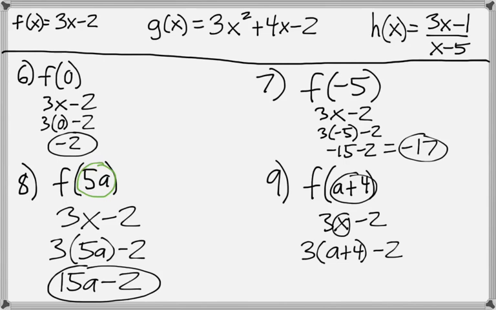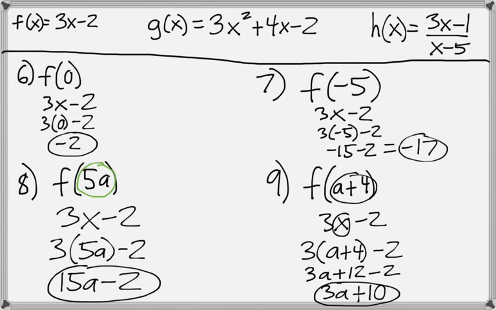And then if I distribute, this is 3a plus 12 minus 2. And then if I combine like terms, it's 3a plus 10. So these are the functional notation for plugging in values into equations.